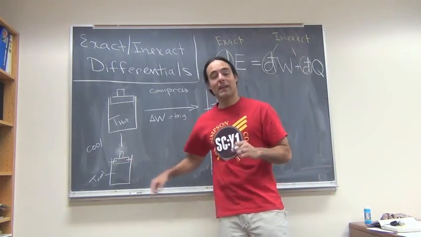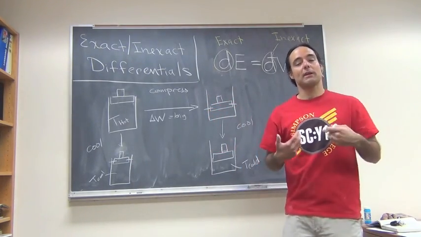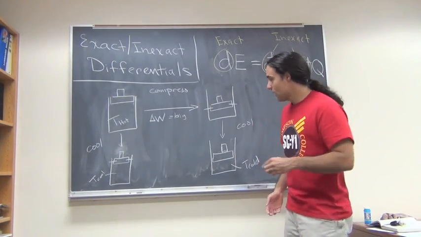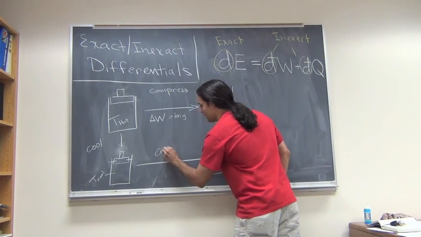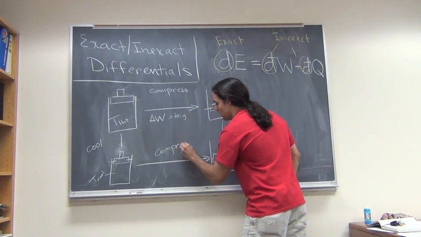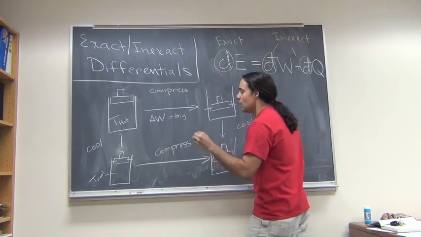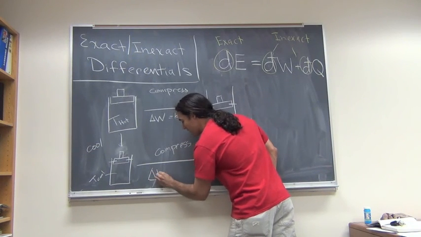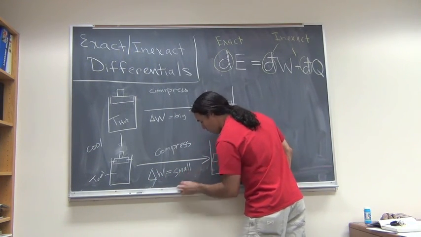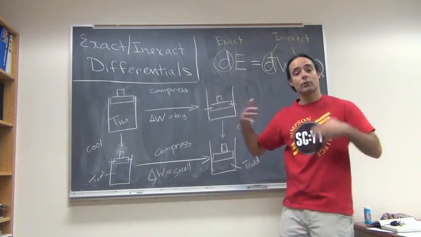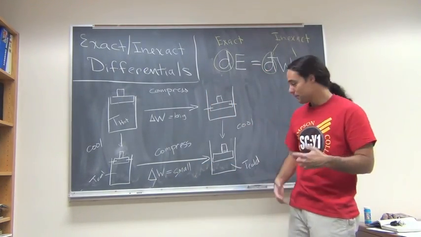They're not going to be slamming into the top of the piston trying to prevent me from compressing it. So now we can do our compression again. And the work that I've done to compress this time is very small. Or at the very least, small compared to trying to compress the gas when it's hot.